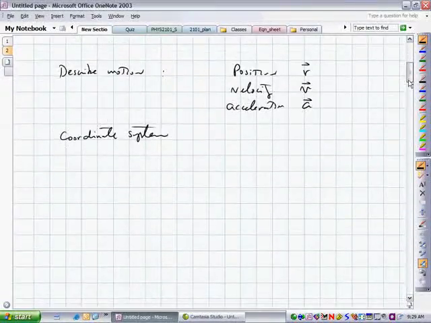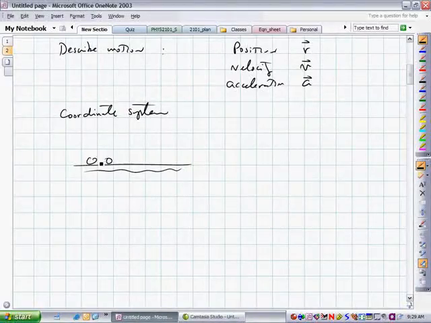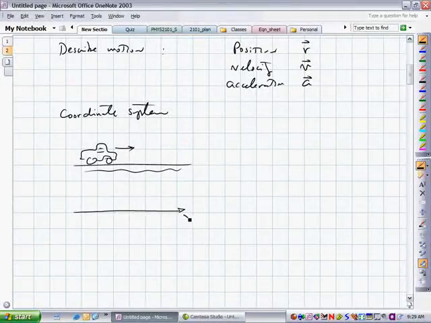So if we are to describe the motion of a car moving to the right, let's say that this is our road and here's our car, and it's moving to the right. A suitable coordinate system, of course, is a simple x-axis, where we choose the origin to be the initial position of the car, for example, and we represent the car by a simple dot.